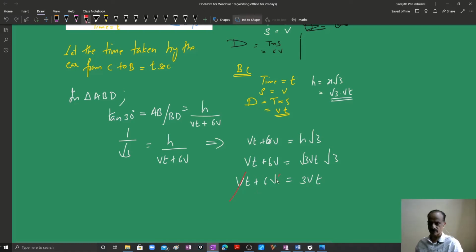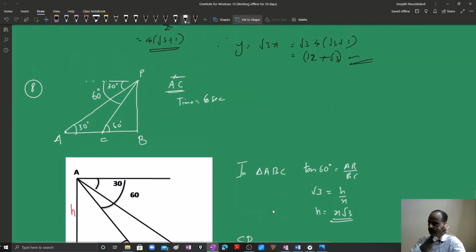So t plus 6 is equal to 3t, or 6 is equal to 2t. t is equal to 3 seconds. So the time taken is 3 seconds.